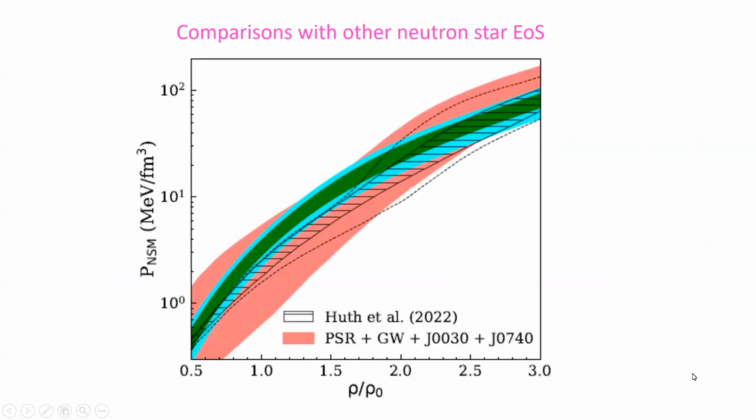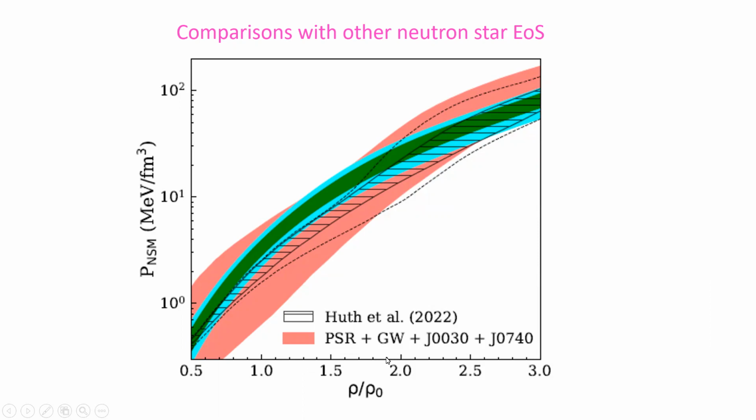Okay. Because we have a neutron star model, we can also compare the neutron star equation of state, that's pressure versus density, to other literature values. So this is Hu et al. in Science.